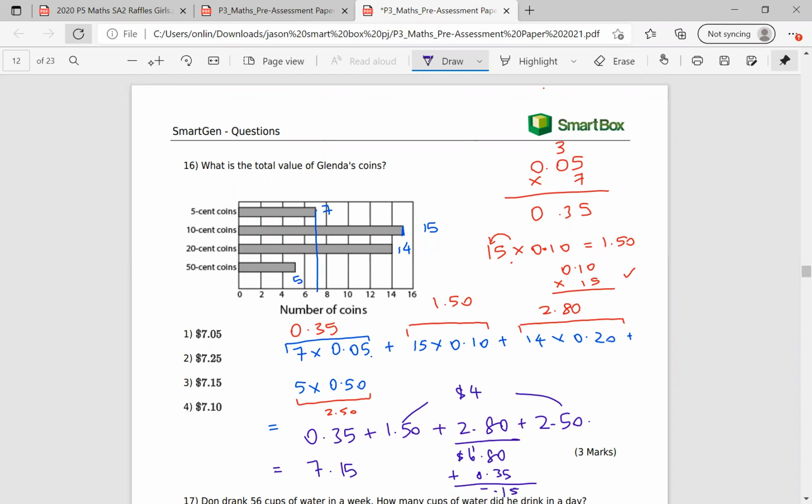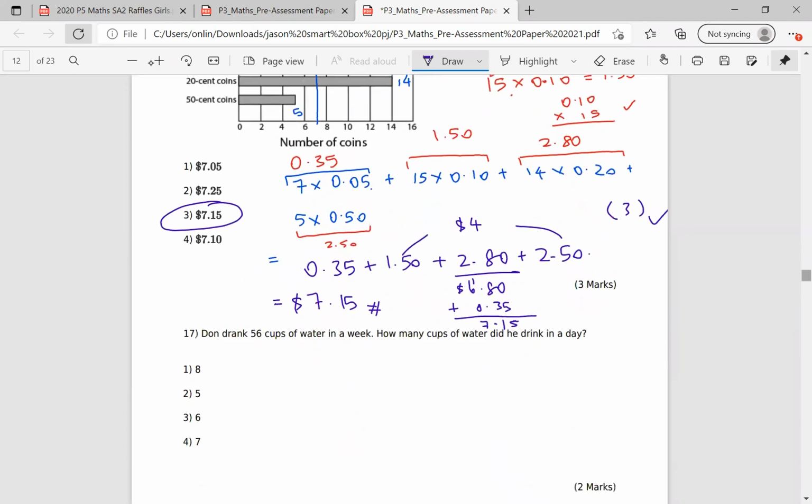So I add this on, 7.15. So my answer is $7.15, and it gave me the answer 3. So my answer is number 3. For those that have problems with this question, I think most probably it is because they didn't read the graph correctly, or there was some careless mistake while doing the calculation.